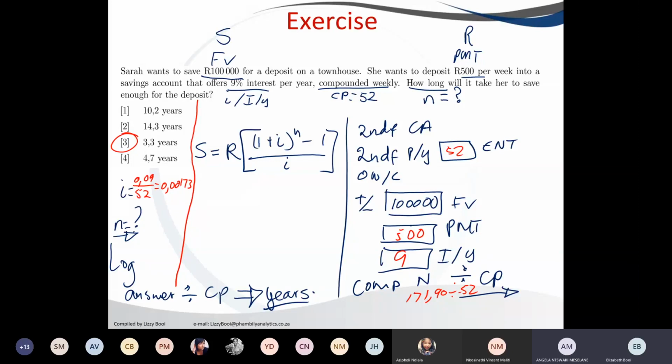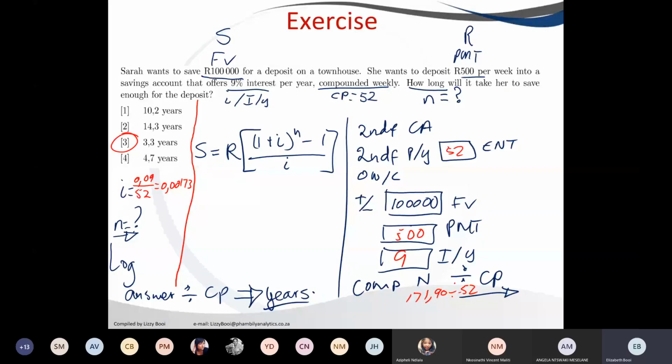Okay, if it's annually, you can still divide by annually, which is 1, which you just wasted your time. But if it's monthly, yes, you need to divide by 12. So you divide by the compounding periods. Depending on what your compounding periods are, you will need to look carefully at your answers.